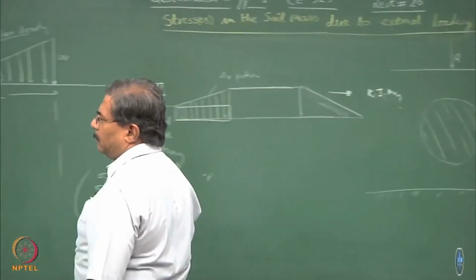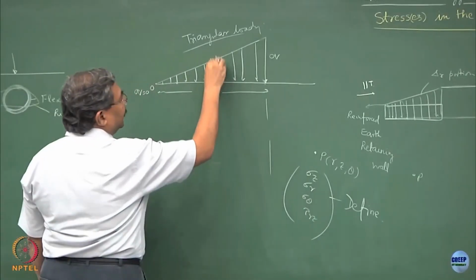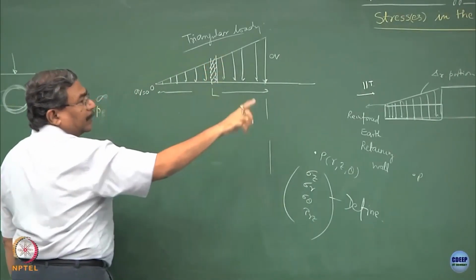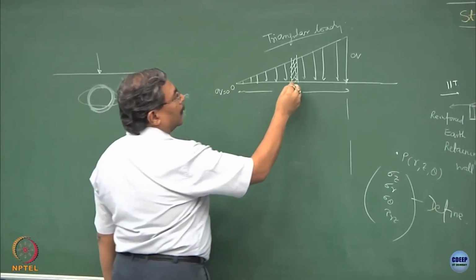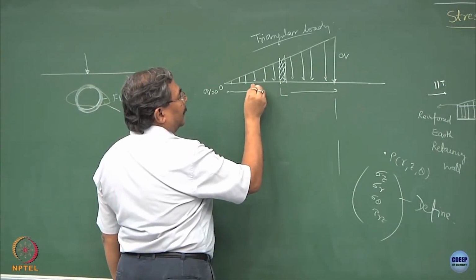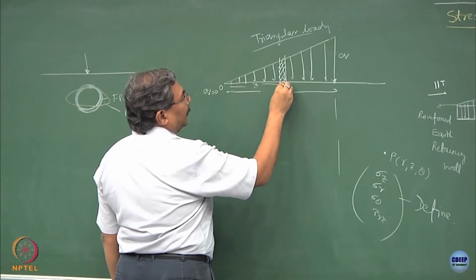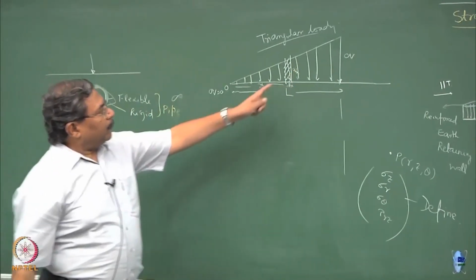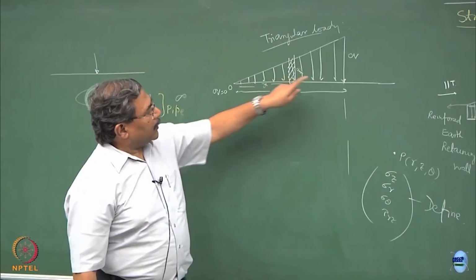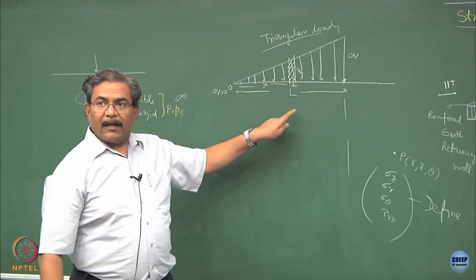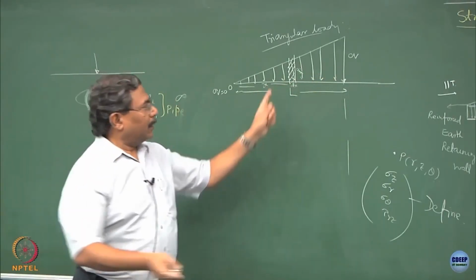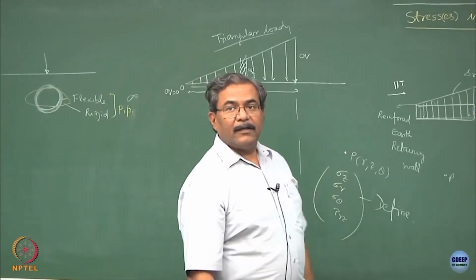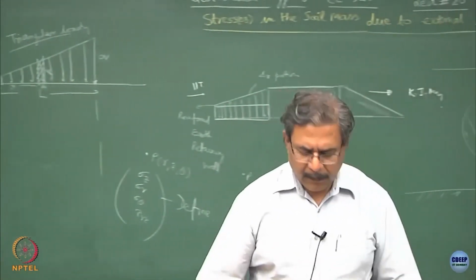Simple way: you can take a small element, the way we did it for the circular case. At a distance x, with dx, if I know this is qx, I have a geometrical relationship: qx upon x equals q upon L, clear? Then you integrate it over and get the effect at this point. That is it, fine.